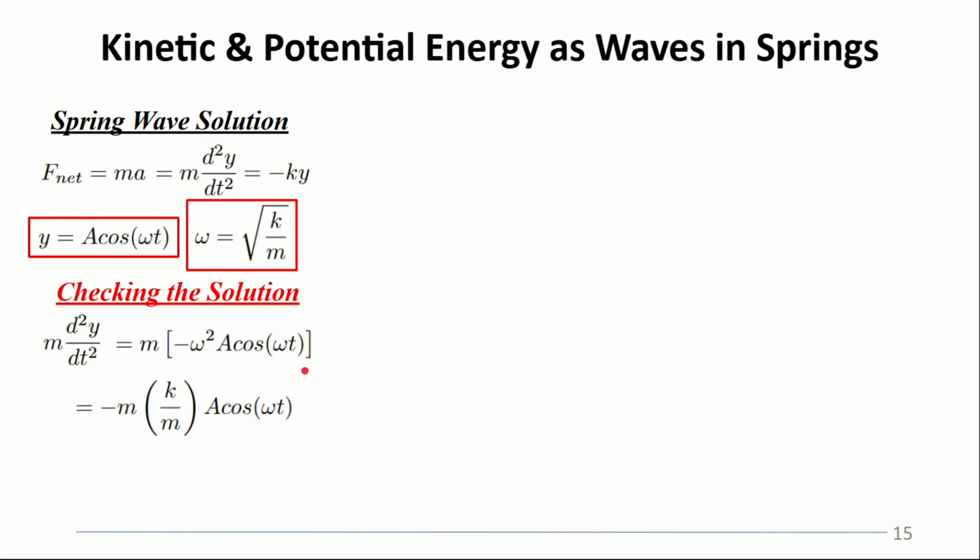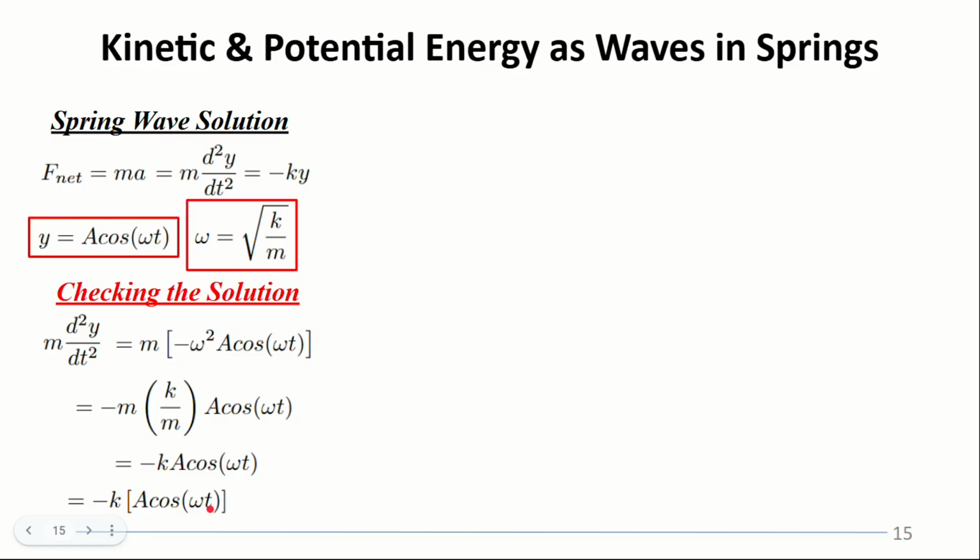And that's a simple substitution. And then you end up getting negative ka cosine omega t. And if you take a look at this, you can see that negative k can be factored out, and then you can put a cosine omega t in parentheses.